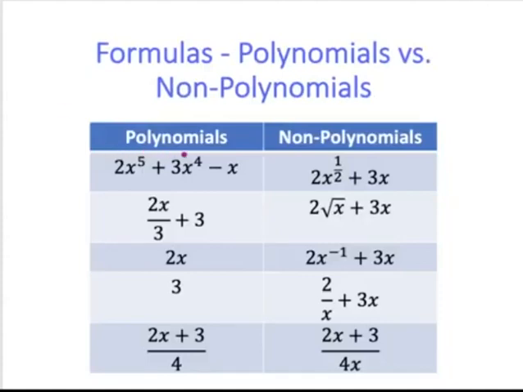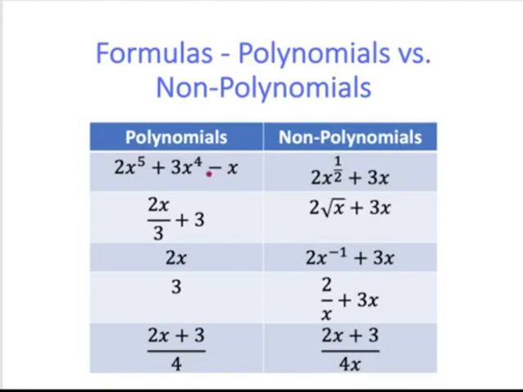So our first column here is a polynomial column. Notice that our first polynomial here is 2x to the 5th plus 3x to the 4th minus x. It has those key characteristics of polynomials where we have real numbers as coefficients, 2, 3, and negative 1.